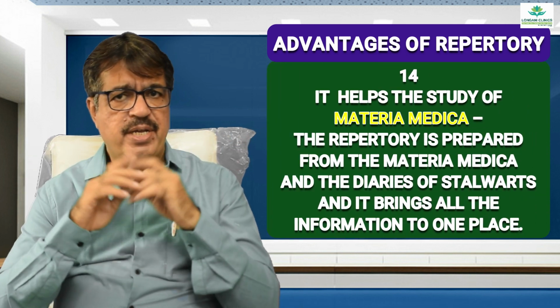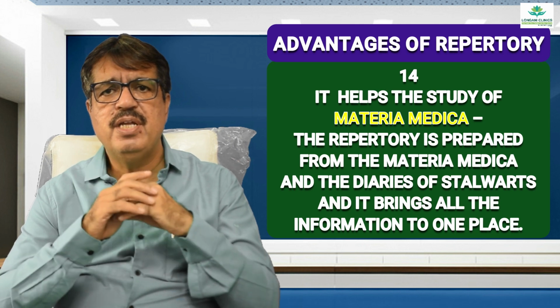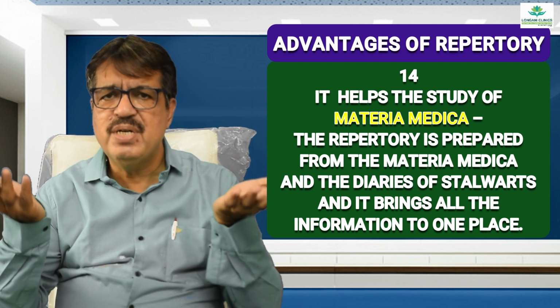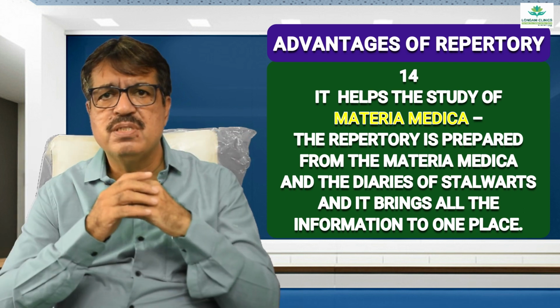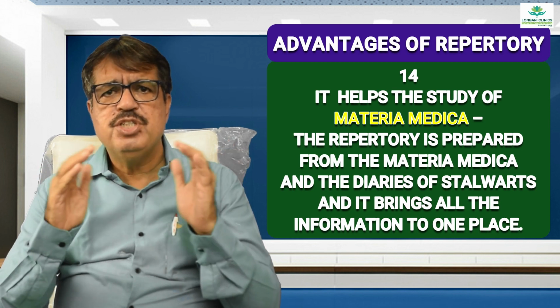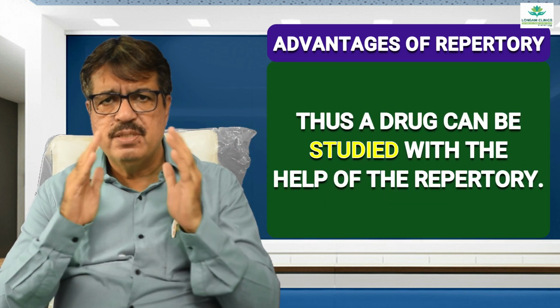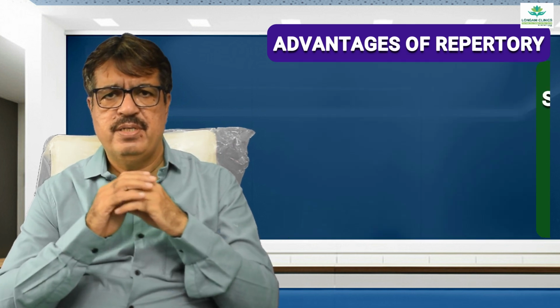14th one. It helps the study of Materia Medica. The repertory is prepared from the Materia Medica and the diaries of stalwarts. It brings all the information to one place. Thus, the drug can be studied with the help of repertory.